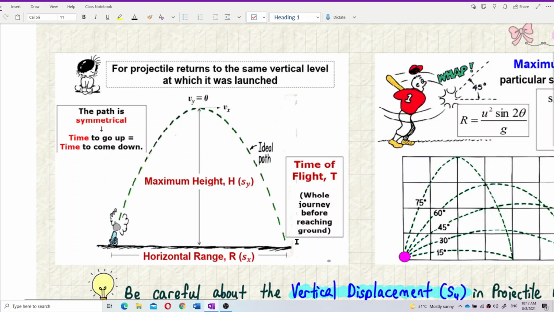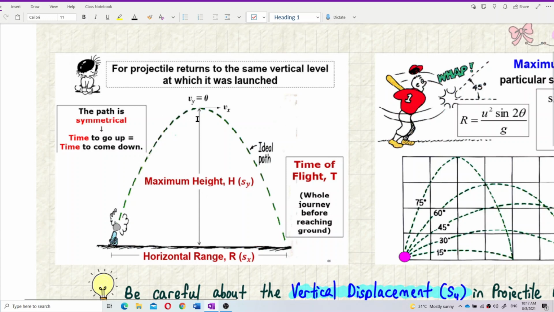That means for this type of projectile motion, the projectile is ejected at this angle, but then it returns to the same level. It returns to the ground, right? The ball is ejected from the ground and also returns to the ground.